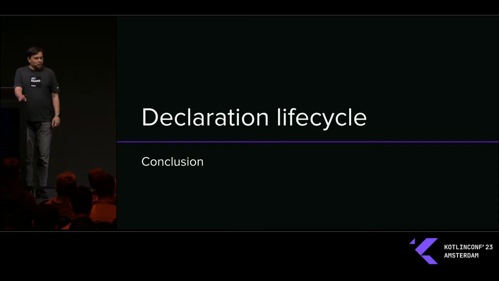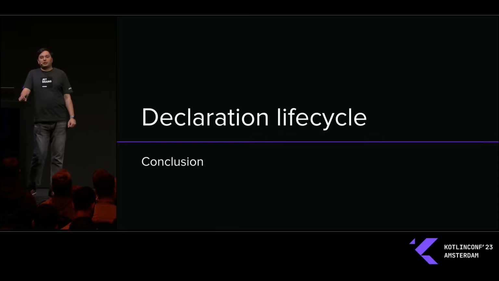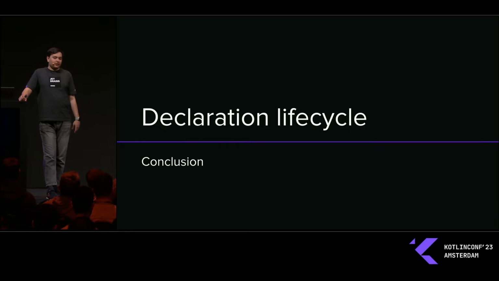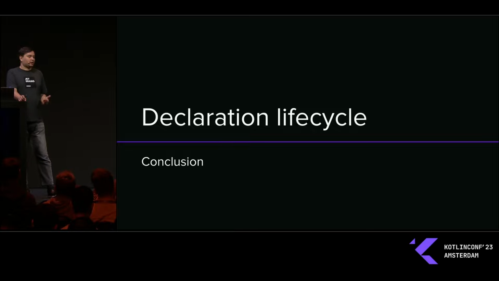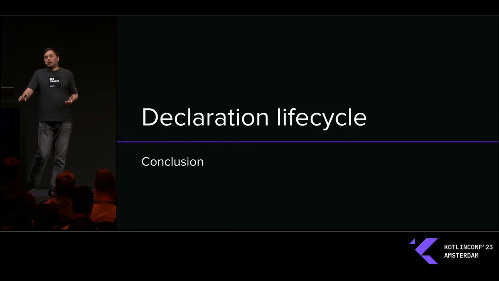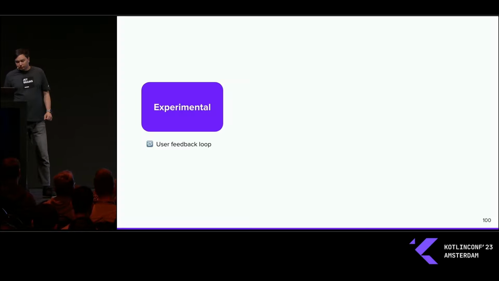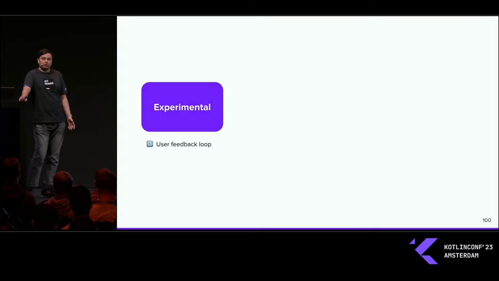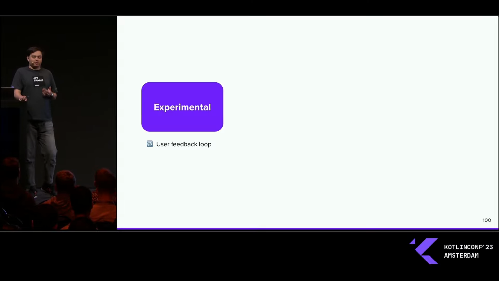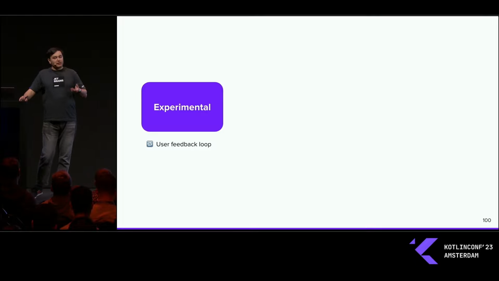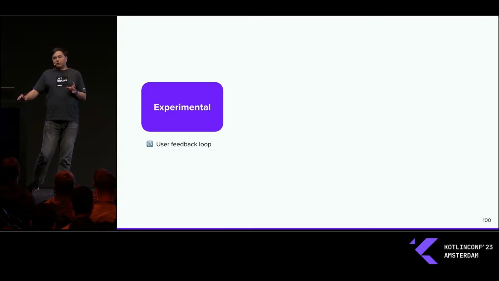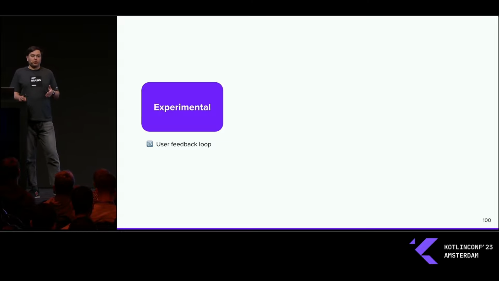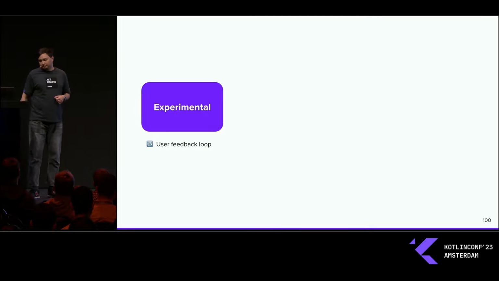So to conclude, as we just discussed several different flavors of the API and several different states, we can naturally come to something that I call a declaration lifecycle. When you add a new function, you can add it as experimental, in the experimental stage. In this stage, you can quickly gain user feedback. You can quickly make changes to it to form its shape and to understand what users of your library want from it.